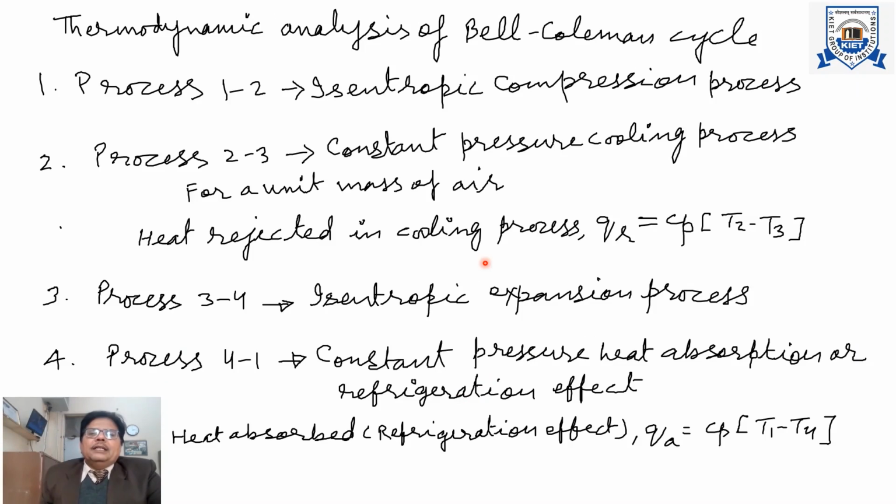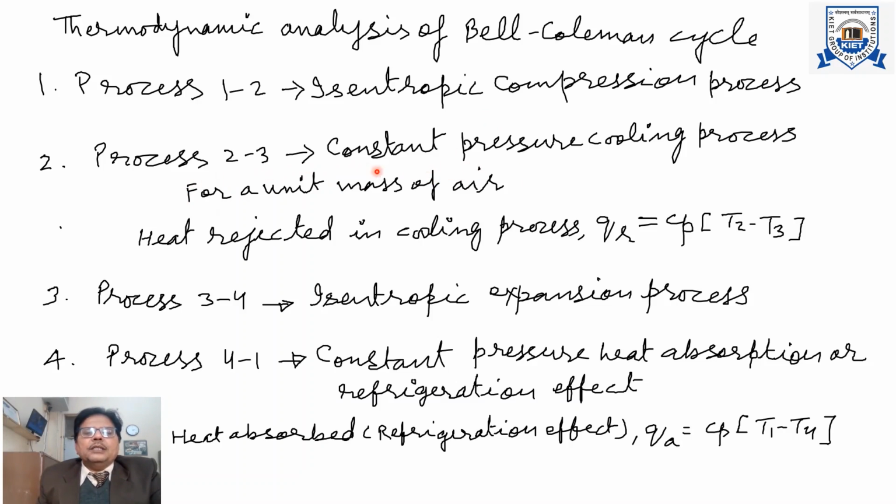Now we will analyze the thermodynamic analysis of the Bell-Coleman cycle. As I told you, process 1-2 is the isentropic compression process where the pressure increases from P1 to P2 and temperature increases from T1 to T2. Then this compressed air at high temperature is sent to the cooler where cooling takes place at constant pressure.